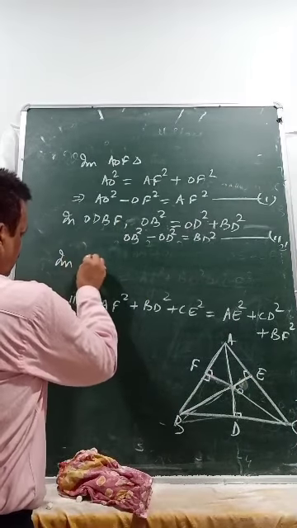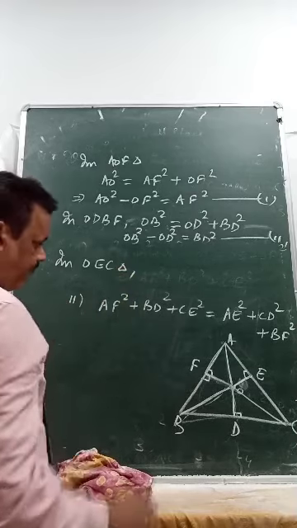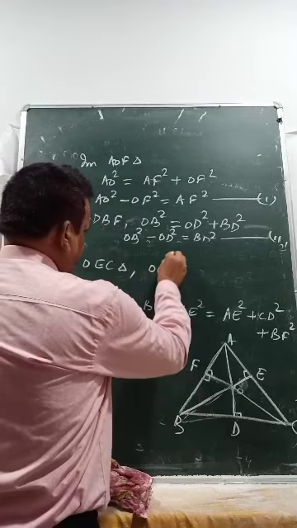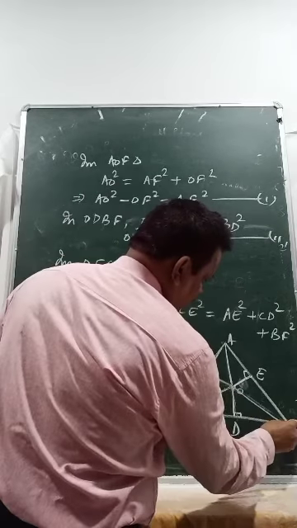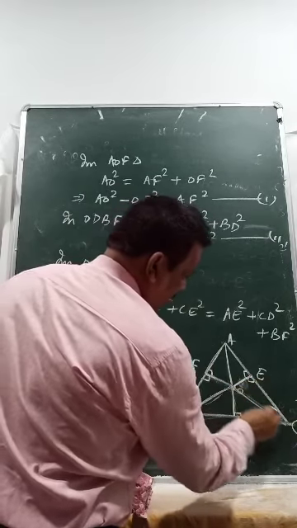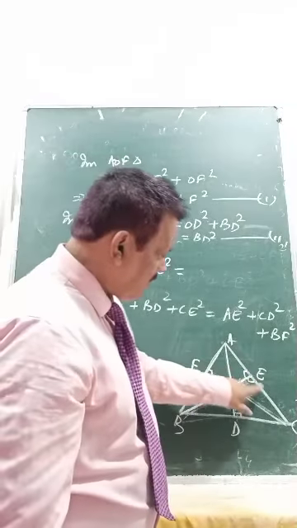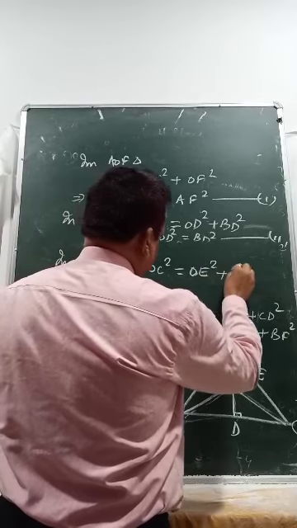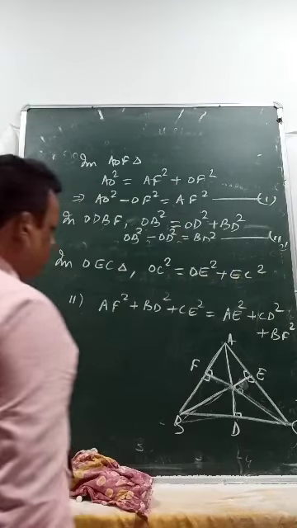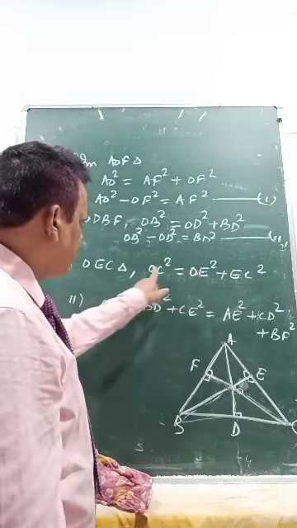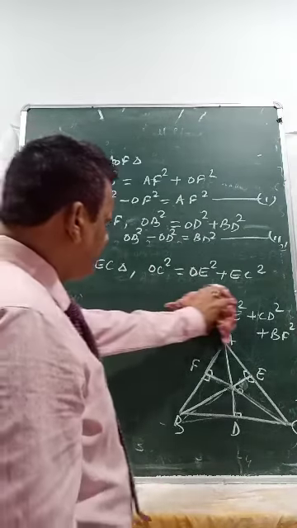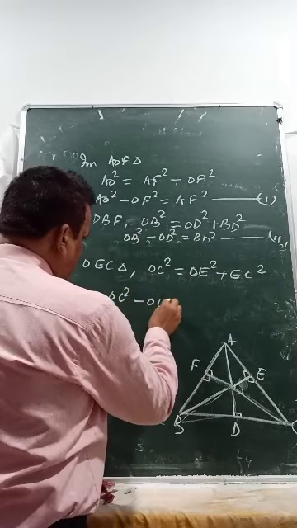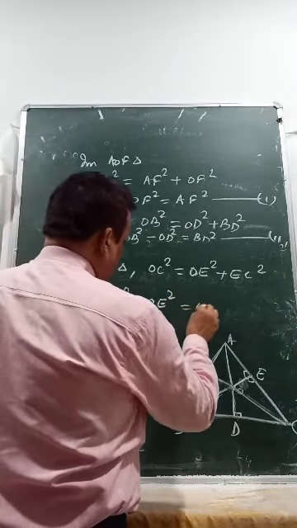In OEC triangle, the longest side, OC square, is equal to, because opposite the 90 degrees is the longest side, OE square plus EC square. Now take OE to this side: OC square minus OE square equals EC square.